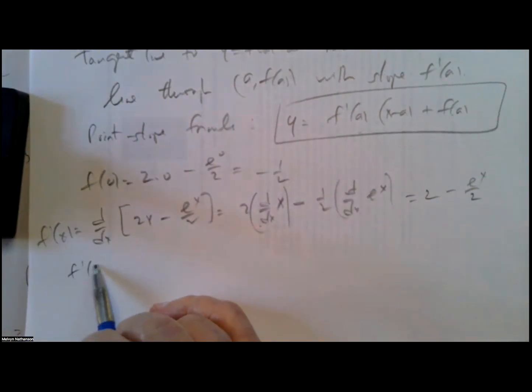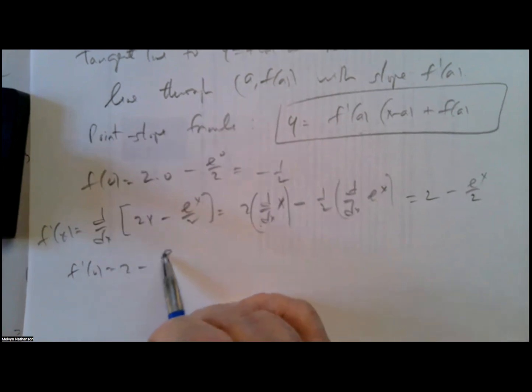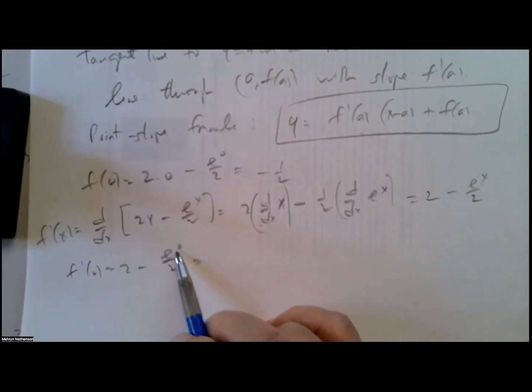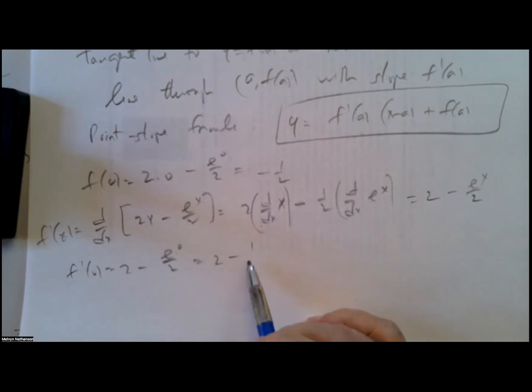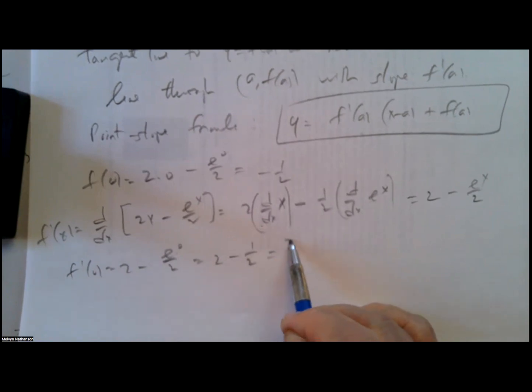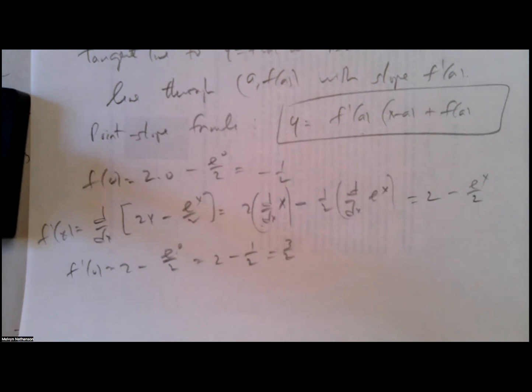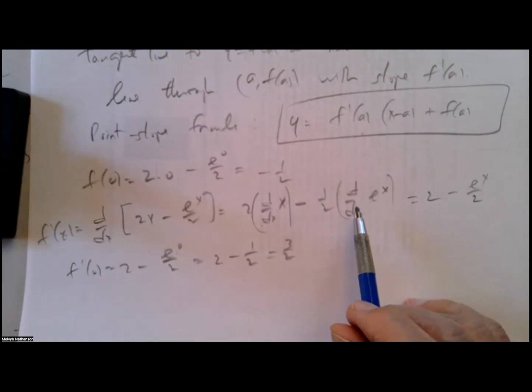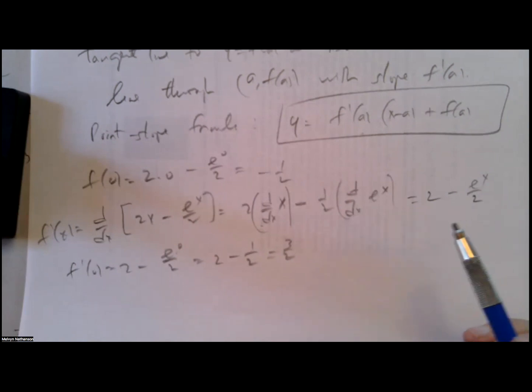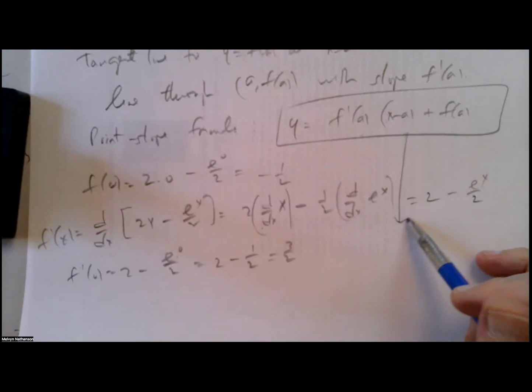So f prime of 0 is 2 minus e to the 0 over 2. Anything raised to the 0th power is 1, and 2 minus a half is 3 halves. So what is the tangent line?